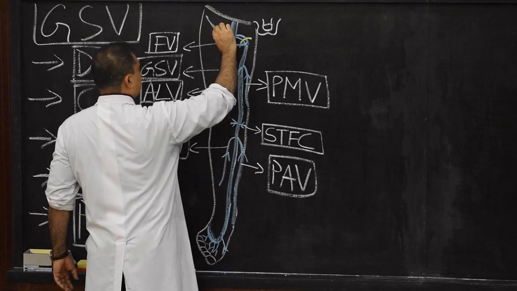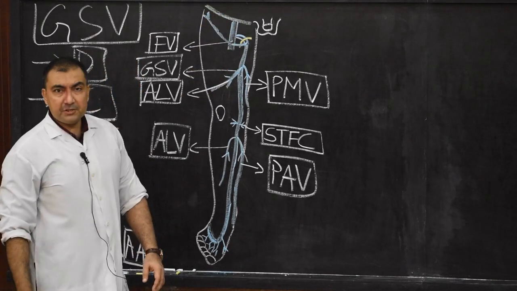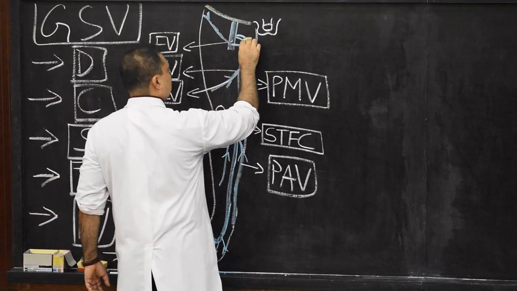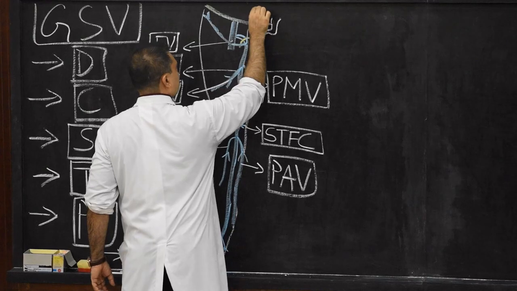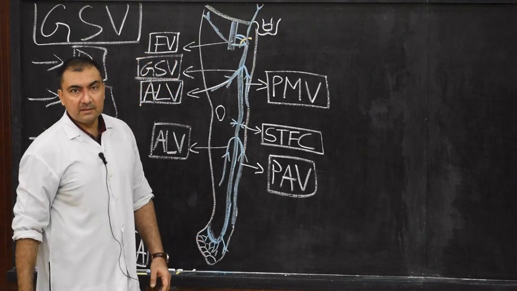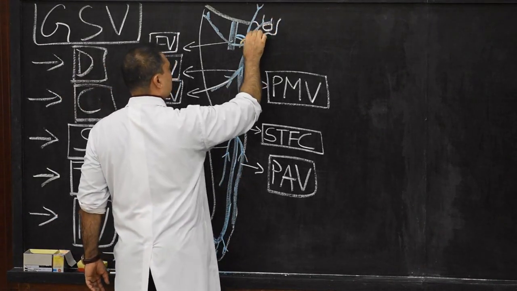this tributary which will be known as the superficial circumflex iliac vein. Then from here, another tributary which goes above, which will be known as the superficial epigastric. And the third tributary will be the superficial external pudendal.